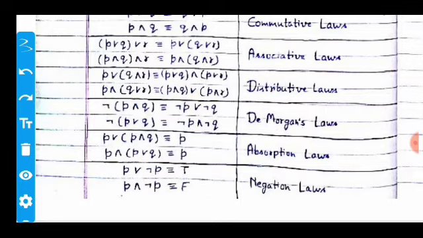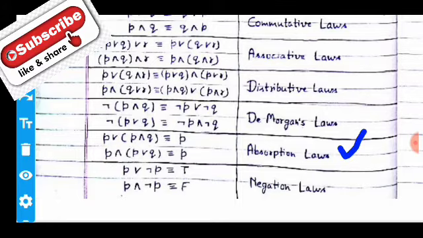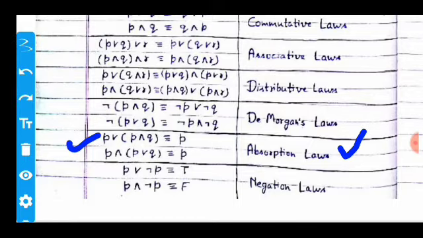Now come to the absorption law. The absorption law is represented like P or in the braces P and Q. It is logically equivalent to P, and similarly it is performed with the AND and OR operations swapped.